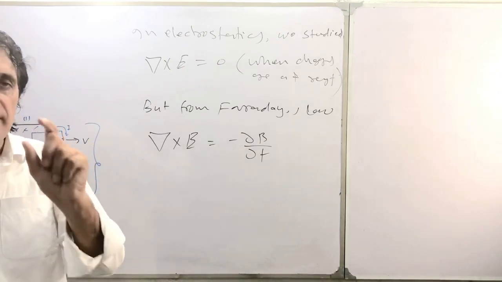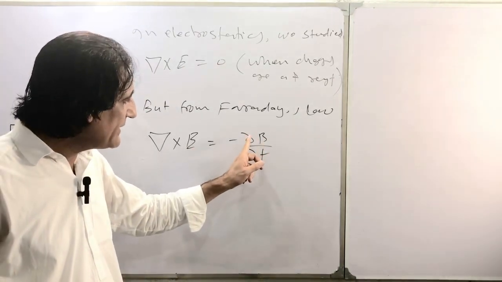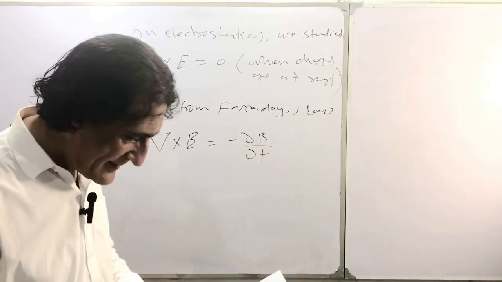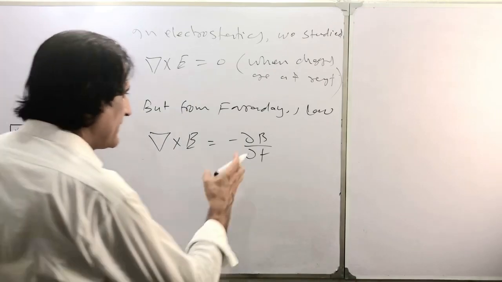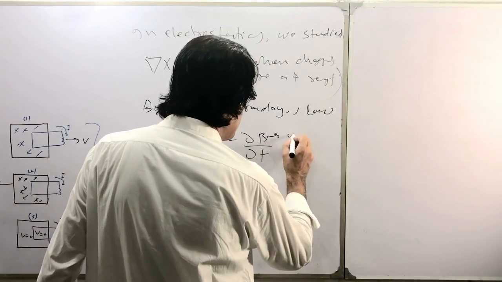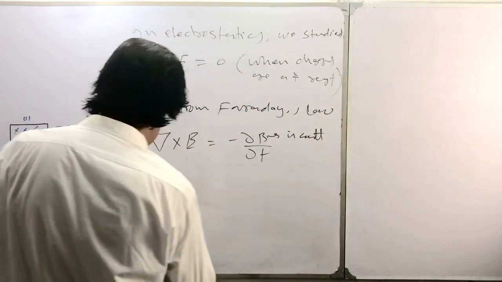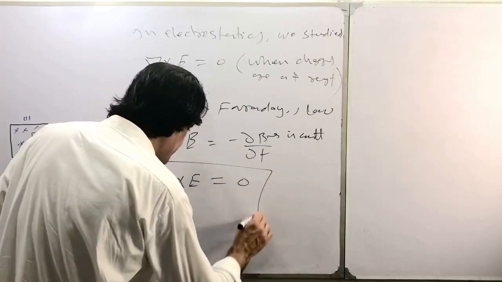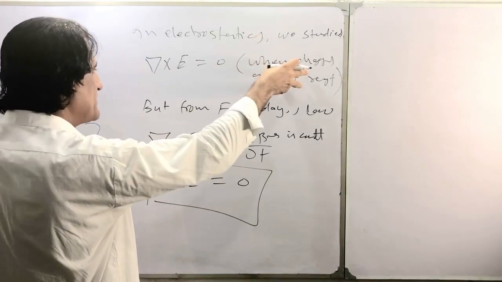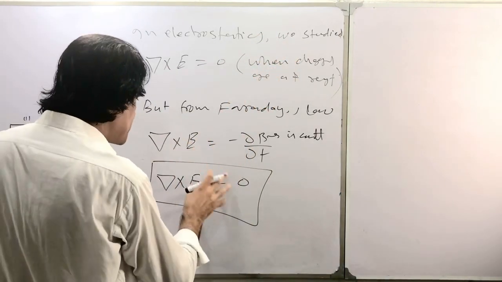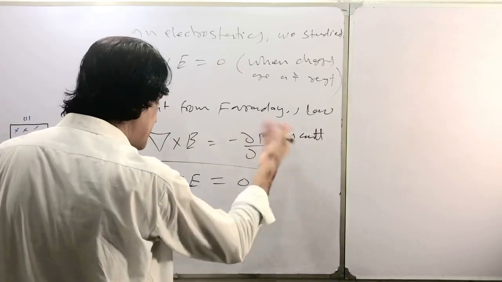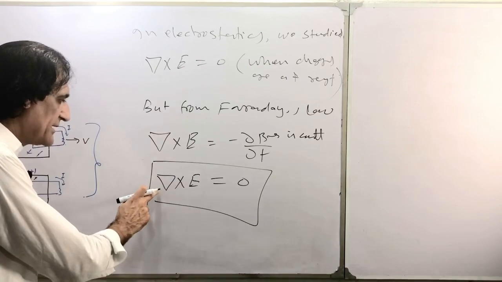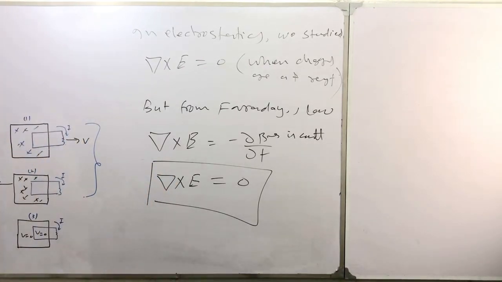If the magnetic field is constant, the rate of change in time goes to 0. If B is constant, then ∇×E equals 0. So from electrostatics, when the charge is at rest, and from Faraday's law, if B is constant, the curl of E is equal to 0.